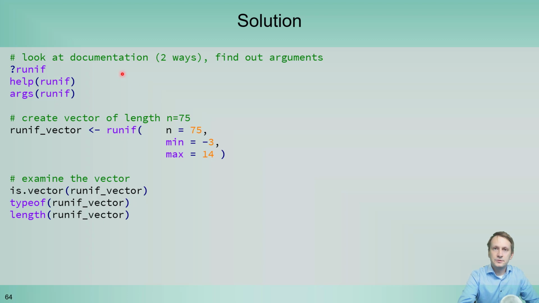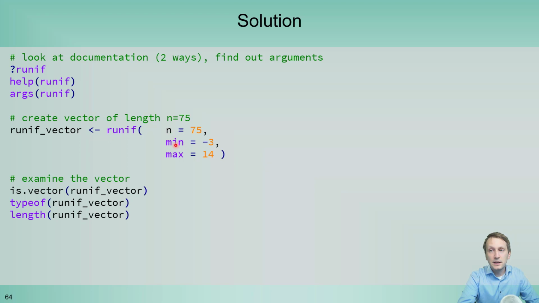And now for the solution. First of all, looking at the documentation, there are different ways. You can again use question mark runif or help runif. If you just want to see the arguments, you can use the args function to figure that out. Then we want to create the vector of length 75 that comes from a uniform distribution ranging from -3 to 14.